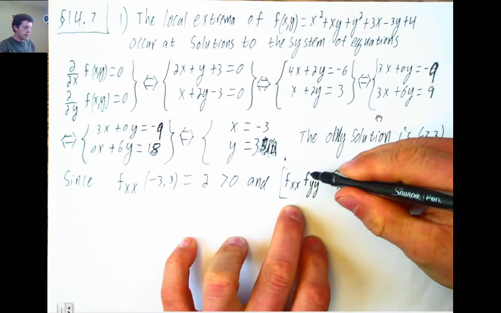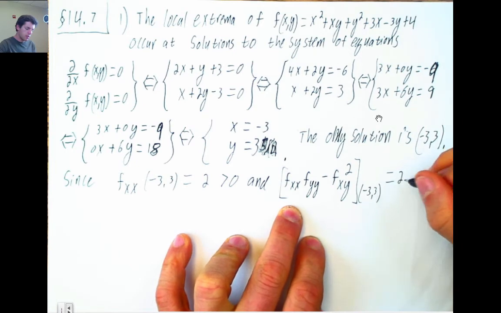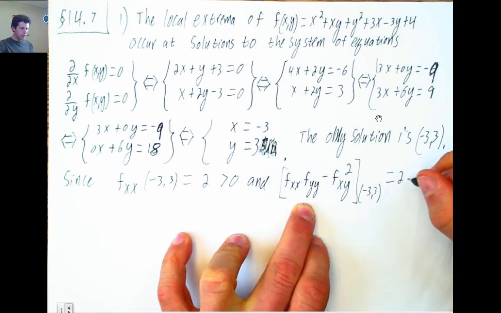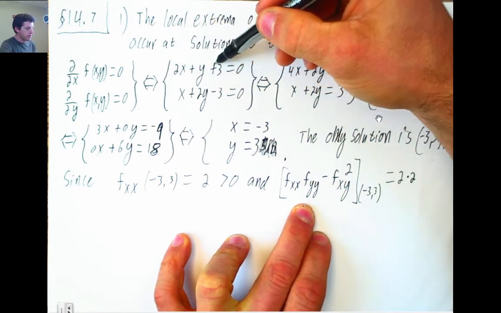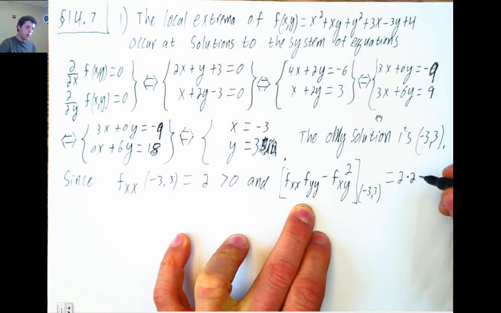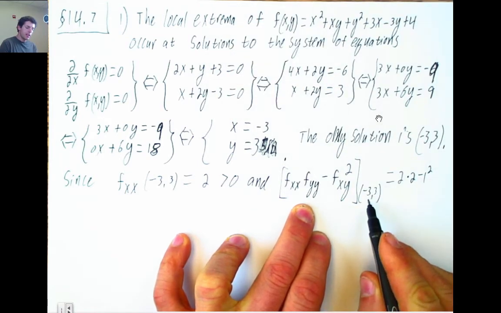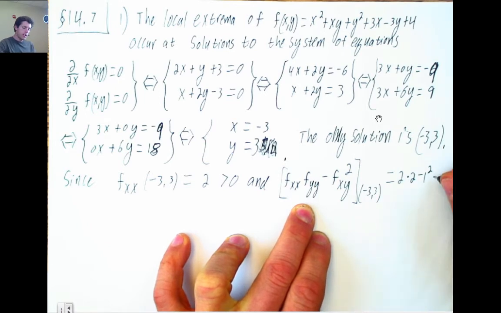Okay, so let's see. fxx, we just calculated that. That's 2. And fyy is also 2. fxy, that is the derivative with respect to y of this derivative with respect to x, so that is a 1. Minus 1 squared. I need to evaluate that at negative 3, 3, but it's just a constant. It is 4 minus 1, which is 3.